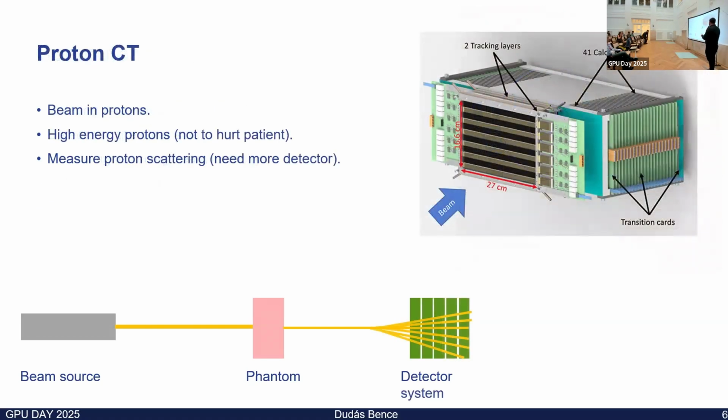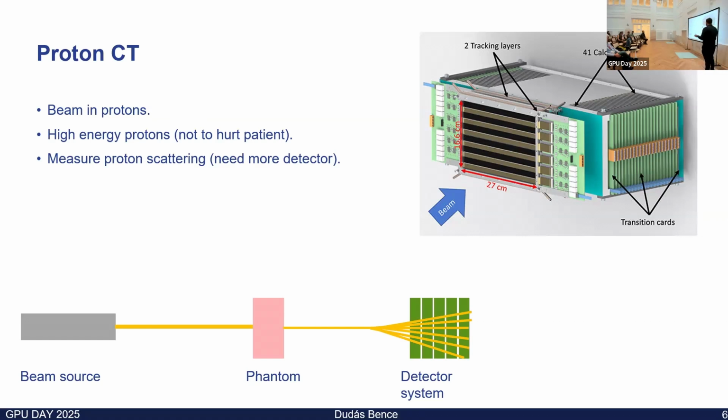Now, the problem with that is that it doesn't give us information on how protons would react in that phantom. This is why we need the so-called proton CT, and this is what the Bergen pCT collaboration is working on. The idea is different in that we know protons are scattered over the phantom, so we don't measure their intensity changes, because we cannot measure that.